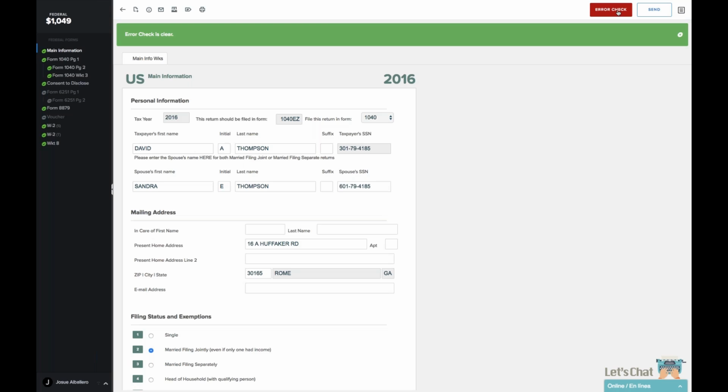You're not going to be able to move on unless you fix it, okay? So again, an error is not the same thing as a warning. A warning is not that big of a deal. An error is a big deal, because it's not going to let you do anything unless you fix it. A warning is just saying, hey, you might want to go back and check things.